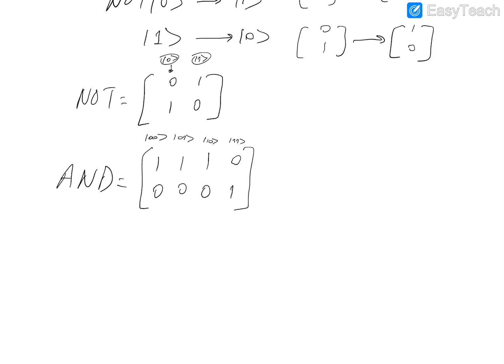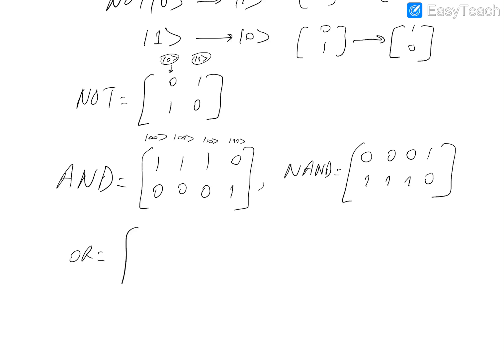And NAND is basically taking AND and then taking the NOT. It's 0, 1, 0, 1, 0, 1, 1, 0. It's simply the NOT of this matrix. Similarly, OR is 1, 0, 0, 1, 0, 1, and 0, 1.